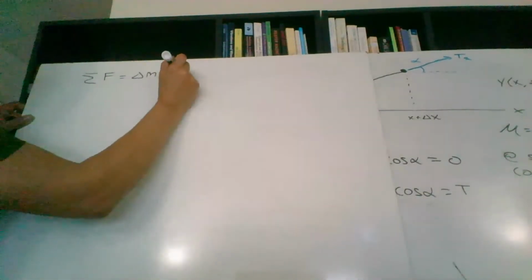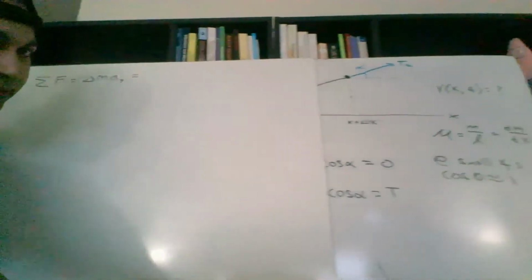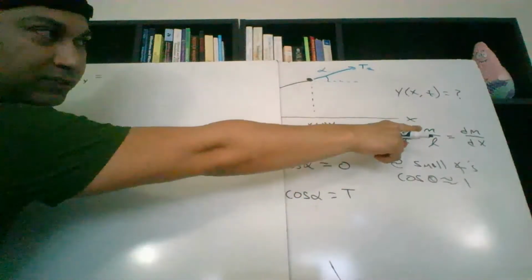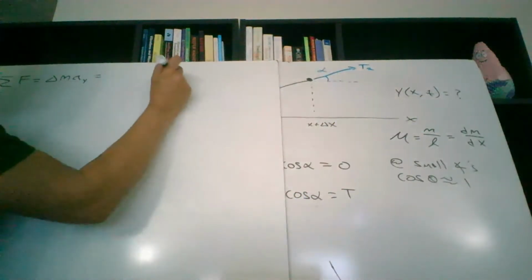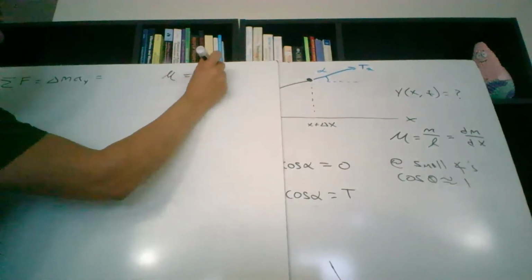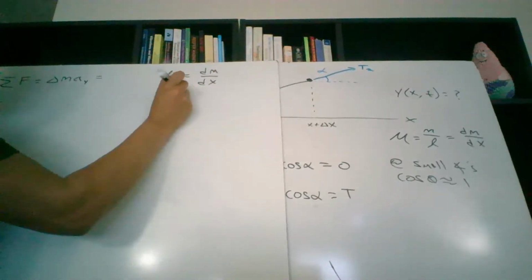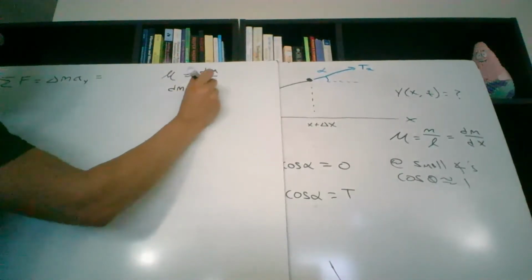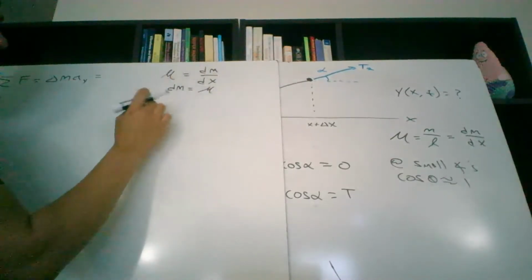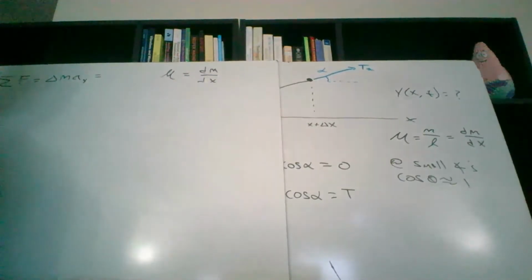And one other thing I'm going to do now is we know that the linear mass density, mu, is equal to delta m over delta x. Mu was equal to dm over dx. And so if I solve for dm, I get mu dx. I'll write it in terms of delta to make our lives a little bit easier.